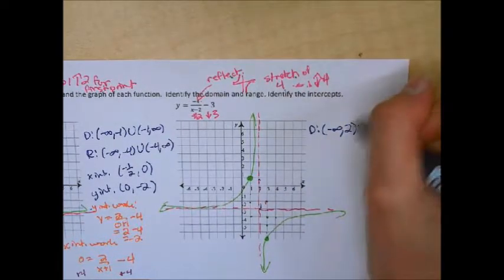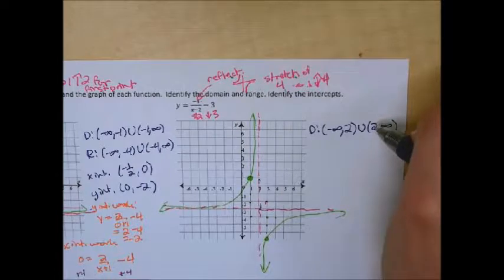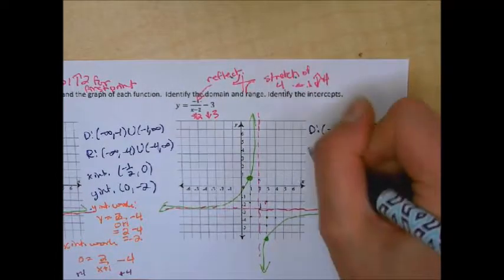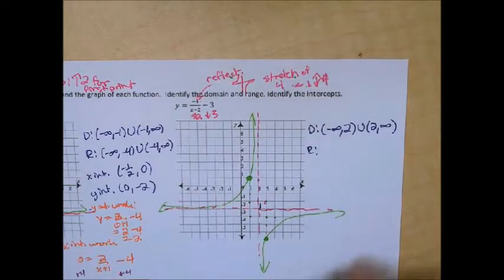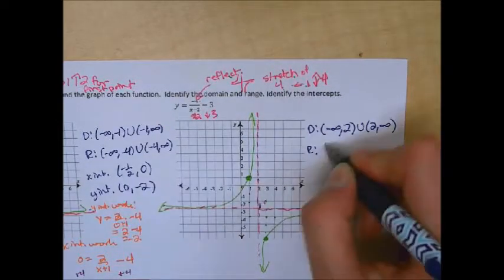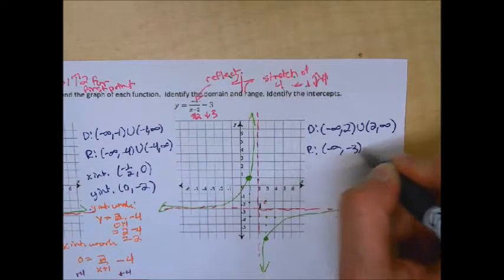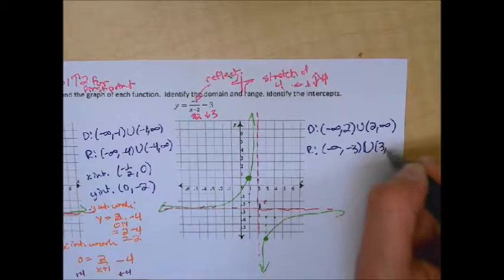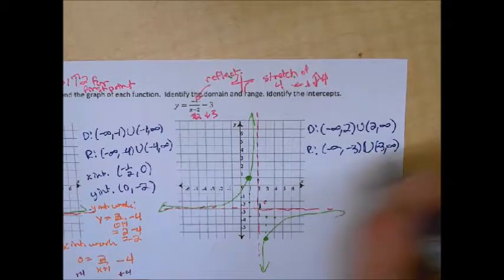Again, this is where our vertical asymptote is. Range. Bottom is negative infinity. We're taking a pause right here at -3, pick up at -3, go to infinity.